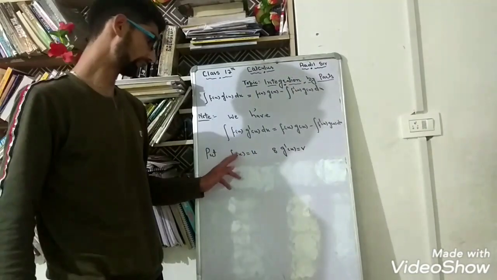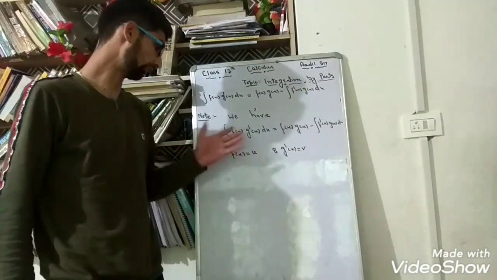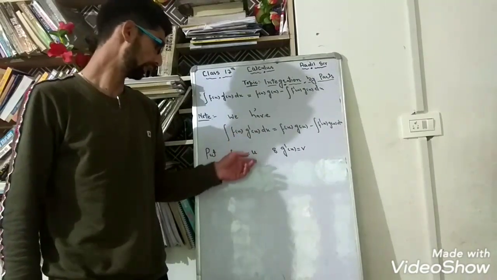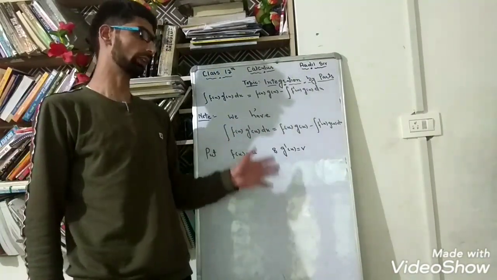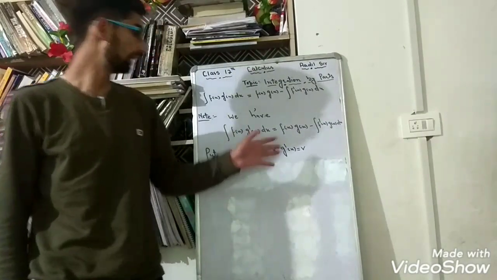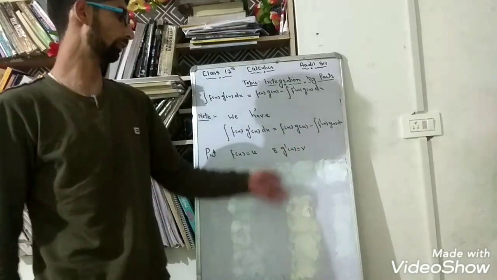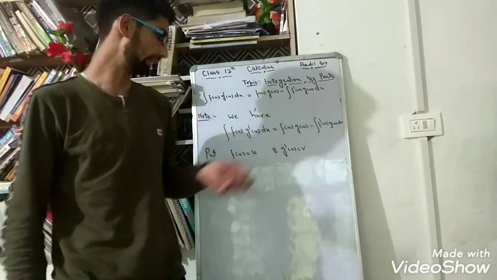Because we know that f of x is a function, I have supposed this function in terms of u, a function of x, and g dash of x is again a function of x, which I have taken equal to v.